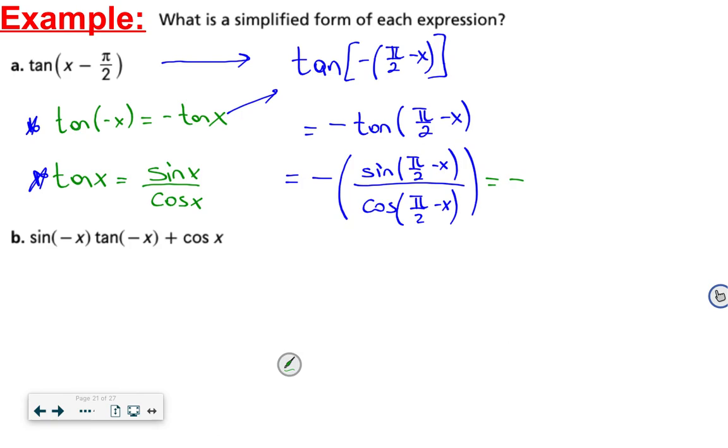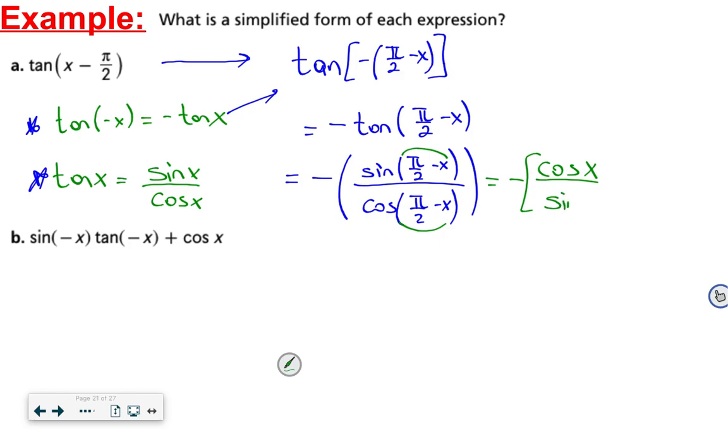Sine is going to become cosine x. And we know that this angle is located in the first quadrant. In the first quadrant, the sign of the sine function is positive. So that's why cosine x over, what about this? Because we are subtracting x from pi over 2, this cosine is going to change its name.